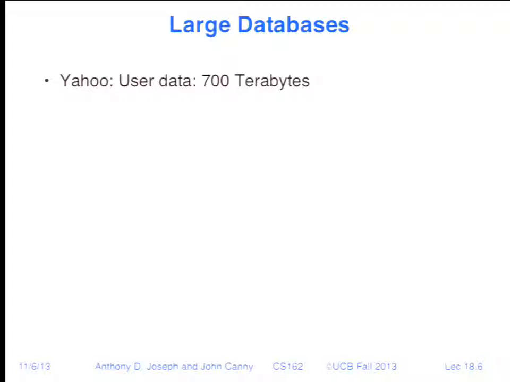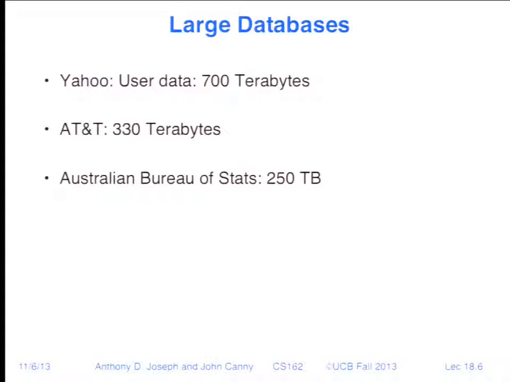Yahoo has a collection of user data that's formally reported at around 700 terabytes. AT&T has famously kept customer records virtually forever, and it's currently running at about 300 terabytes. The Australian Bureau of Statistics has 250 terabytes of something, and I don't know what it is, because there are only about 23 million of us, and somehow they have megabytes on all of us.